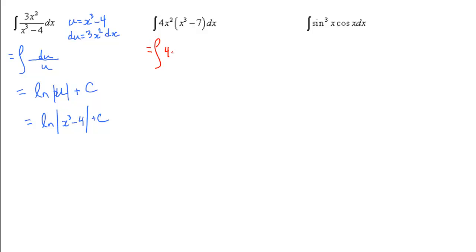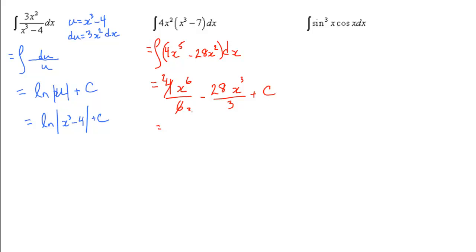Let's multiply it in. So we get 4x to the 5 minus 28x squared dx. Remember, there's no one right way to do these. Any of the techniques we learn can be applied to lots of the questions, so that integrated gives us 4, the constant stays, x to the 6 over 6 minus 28, the constant stays, x squared increases by 1, becomes x cubed over 3, plus a constant, and simplifying, this reduces to 2 and 3.